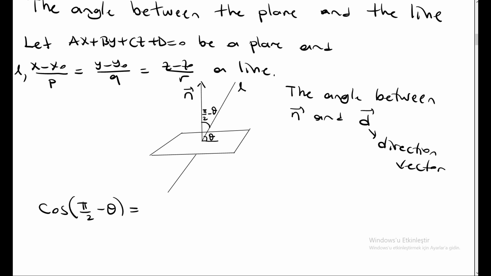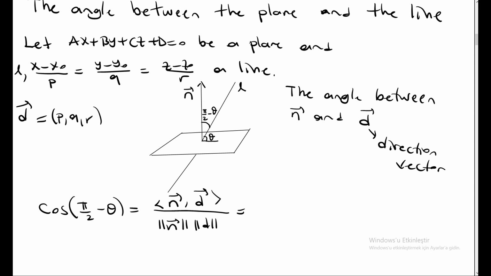So you have n times d over the lengths of these two items. So d will be this one, right? d is p, q, r.